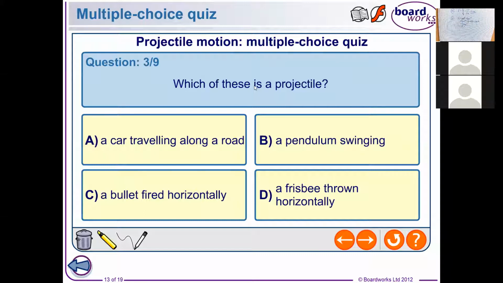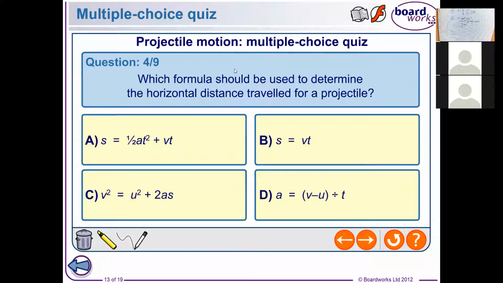I think it's B or C. Well, is a pendulum that's swinging backwards and forwards really just something that's moving under gravity? No. So it's probably C, isn't it? I think C. Yes, exactly.